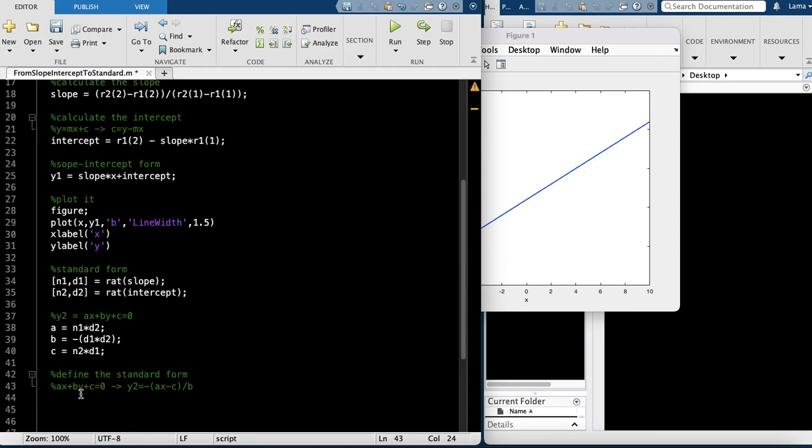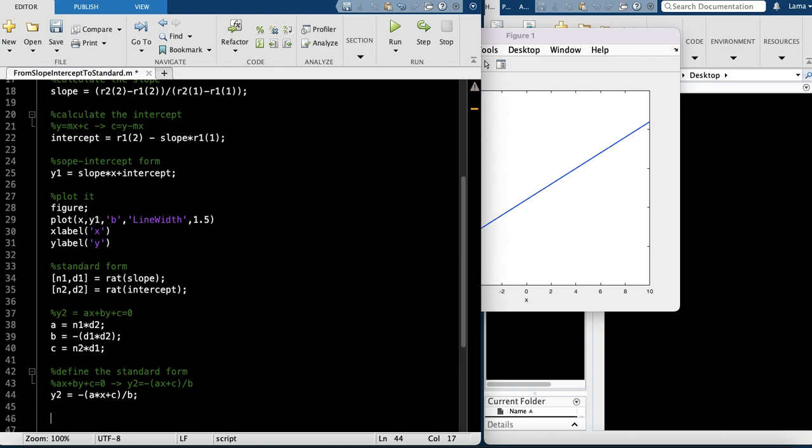I just evaluate y from this equation. So here I can say y2 equals minus over b times a times x plus c, because the minus I put outside, and this is plus. Okay, now I think I have y2.